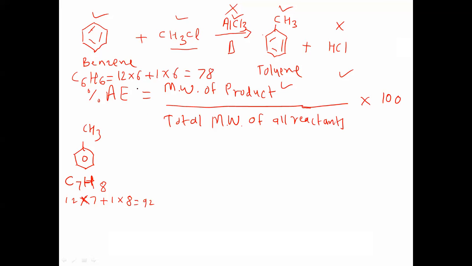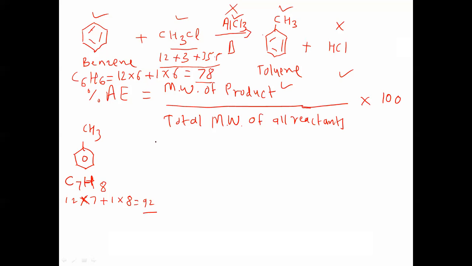Right? Okay. Now methyl chloride. It is a straightforward molecular formula. So carbon I should write 12, plus hydrogen is 3, plus chlorine is 35.5. So we have the molecular weight of methyl chloride, the molecular weight of benzene, and the molecular weight of toluene.